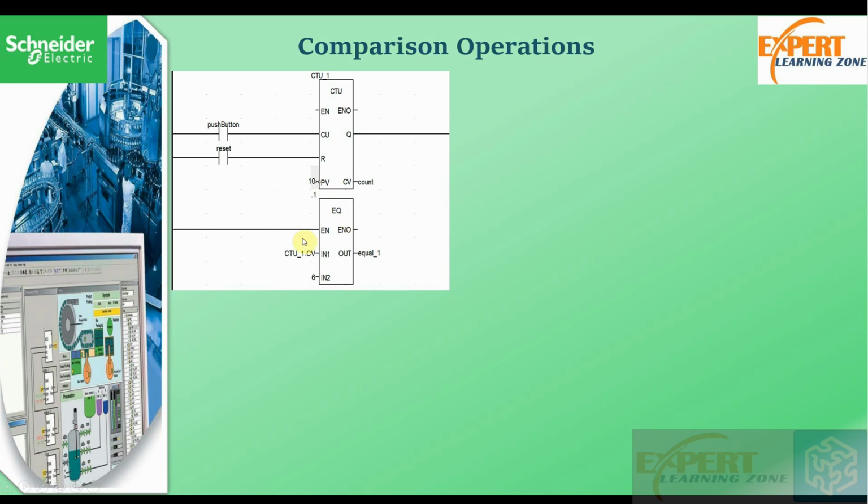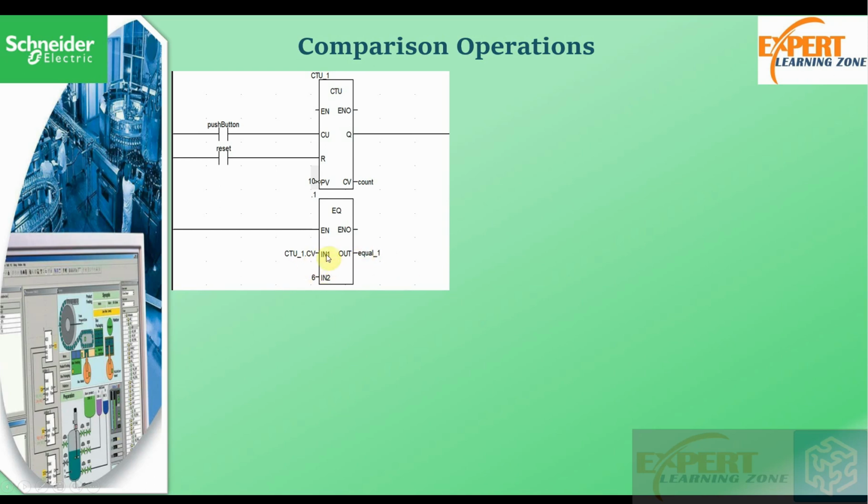Okay, so this block is always enabled because we have just directly enabled the enable parameter. We are not controlling it with any logic, so it will always be active. So whenever we make changes on the counter block, it will also run this block, perform this comparison and give the corresponding output.